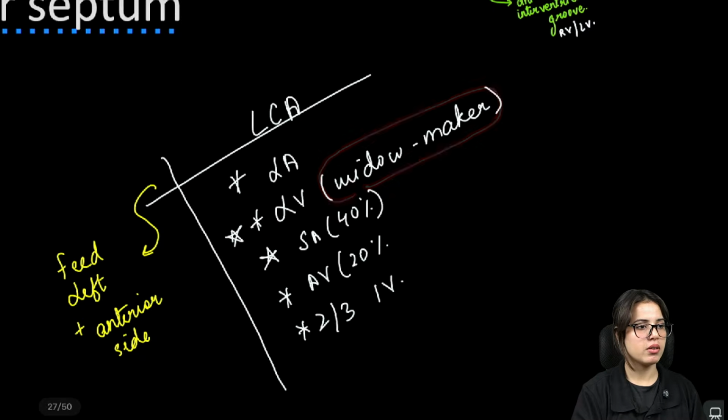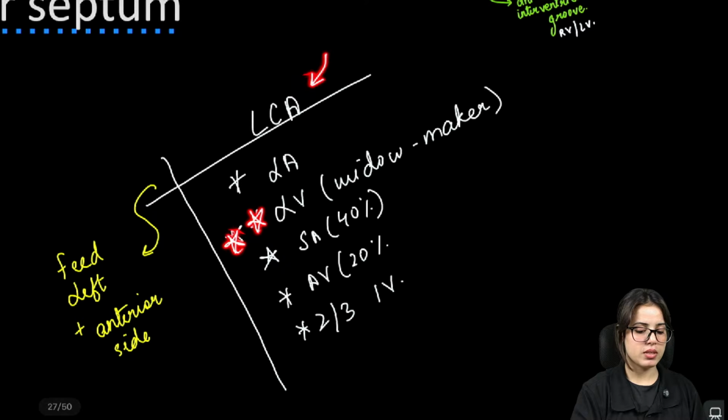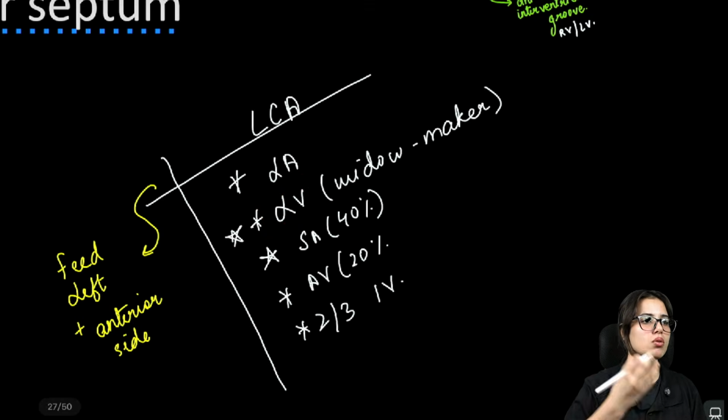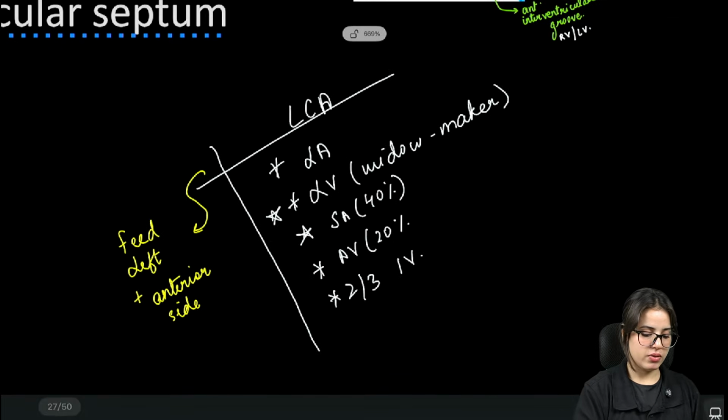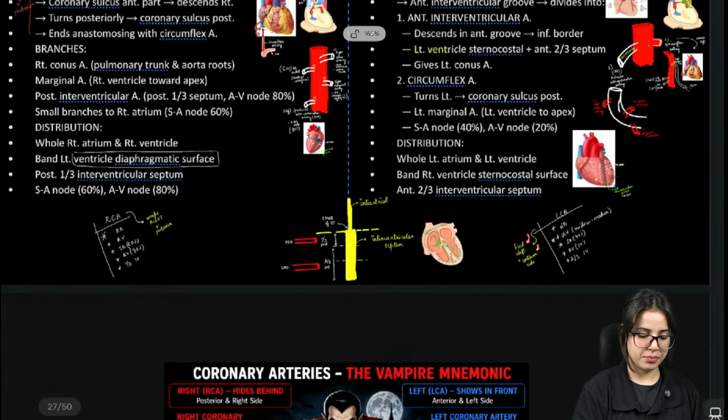It's fatal. So this is important. LCA is important because it provides blood to the LV, the ventricle that pumps blood to all the systems of the body, right? Systemic circulation. So this feeds the left and the anterior side.